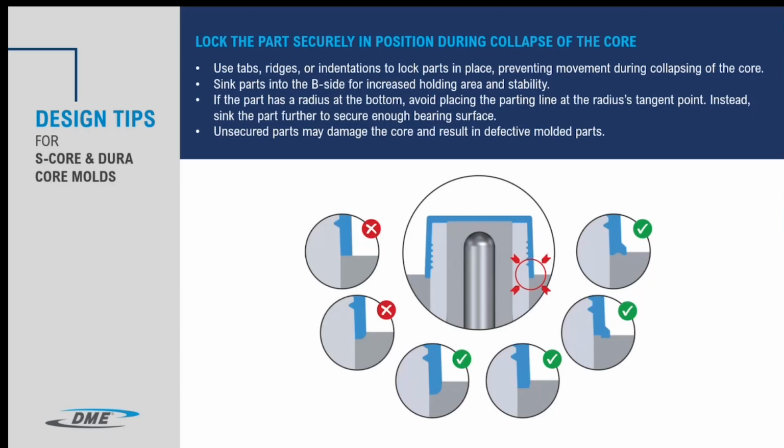You don't want a situation where the part detail actually can release itself as the collapsible core begins to collapse. So when we look at these designs with our application engineers, we'll look at this part of your mold design and make some recommendations to try to make sure that we don't have any problems with that.